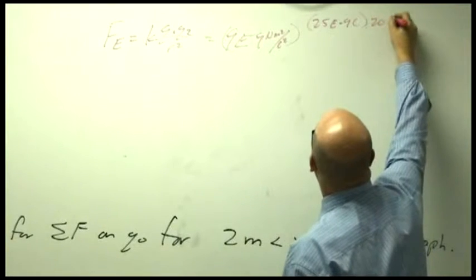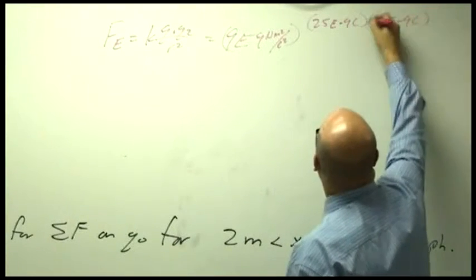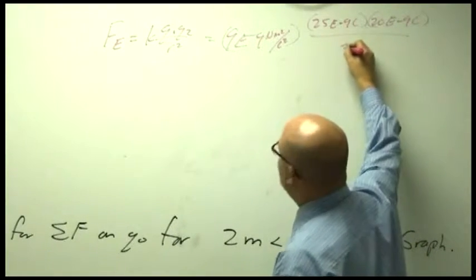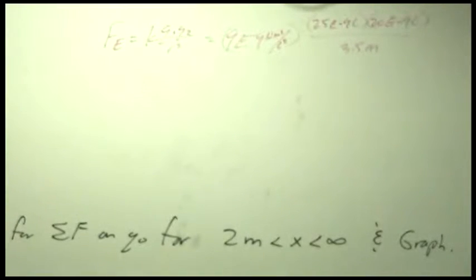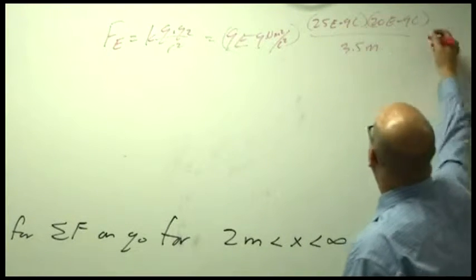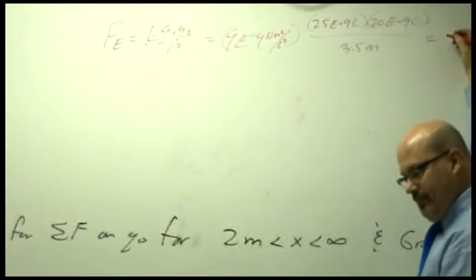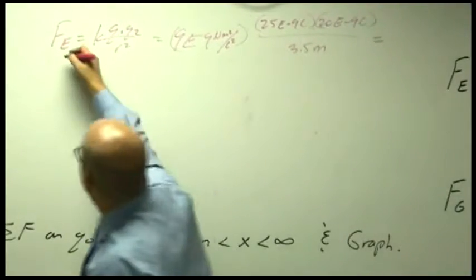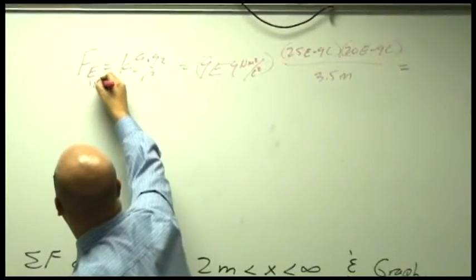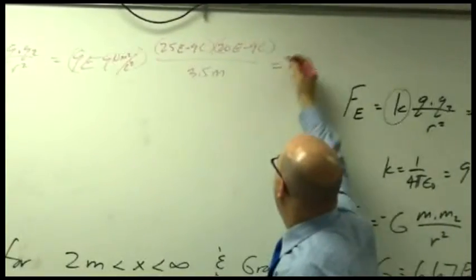We've got 20 e to the negative 9th coulombs for charge 2, and our radius is 3.5 meters. It is meters, right? Because sometimes they'll put centimeters or something else in there. Okay, what does this come up with? By the way, this is force 1 on 0.